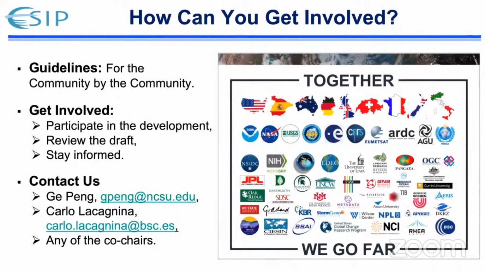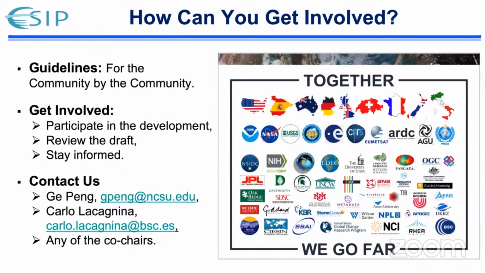And then that gets back to the question of how you can get involved. We want these guidelines to be for the community, by the community, and there are a number of ways you can get involved. One, of course, is to participate in the development of the guidelines.